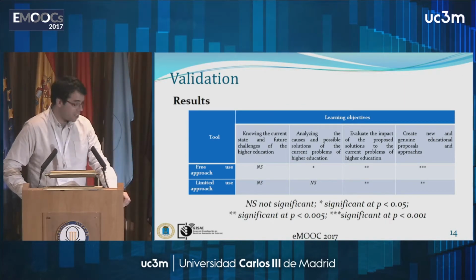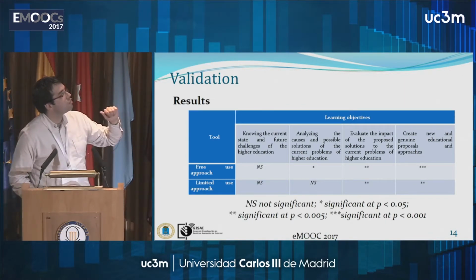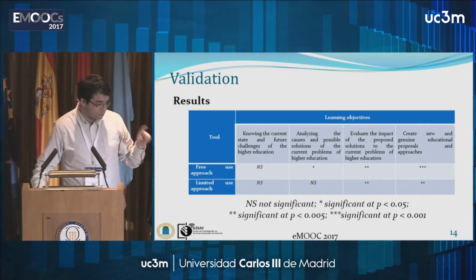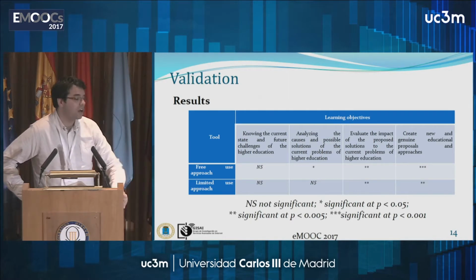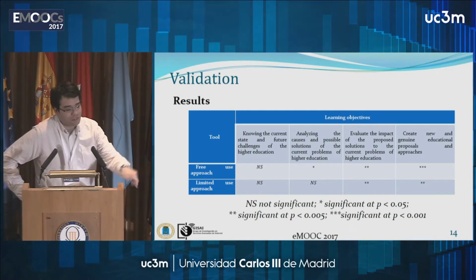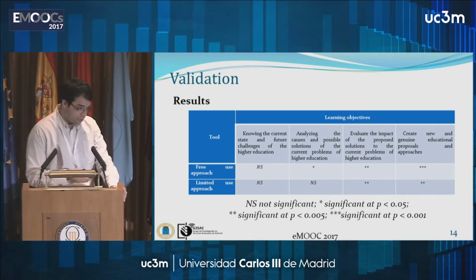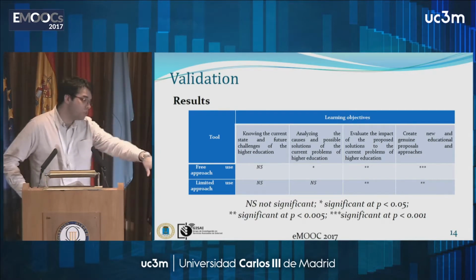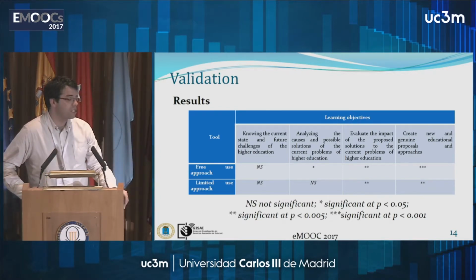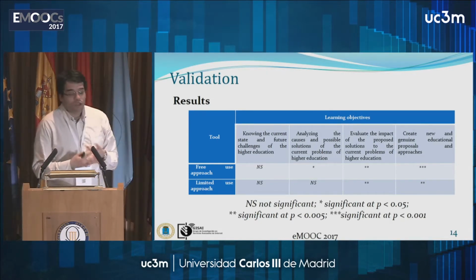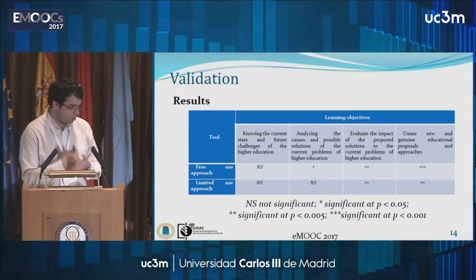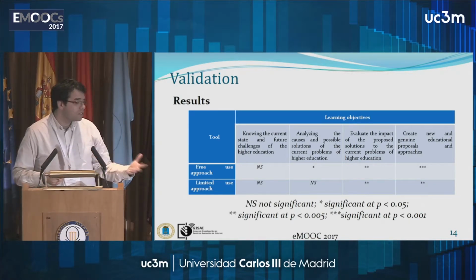Here we have the 4 learning objectives we identified. As can be seen, most improvements are obtained in objectives related with creation. In objectives more related with low-level Bloom's taxonomy, in this case, quizzes are really useful, really powerful.